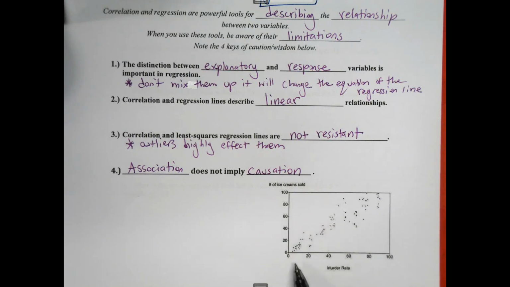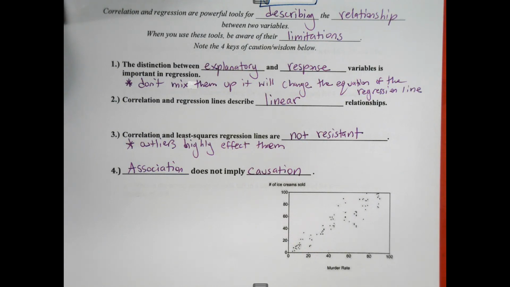As the murder rate goes up, our numbers of ice cream sold goes up. This does not say that an increase in murder rates causes an increase in ice cream to be sold. Or we cannot say that an increase in ice cream sales causes murder rates to go up.